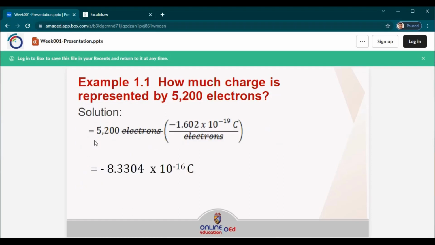So for the charge, we will multiply 5,200 by negative 1.602 times 10 raised to negative 19. Okay, so the charge of 5,200 electrons is equal to negative 8.3304 times 10 raised to negative 16 coulombs.